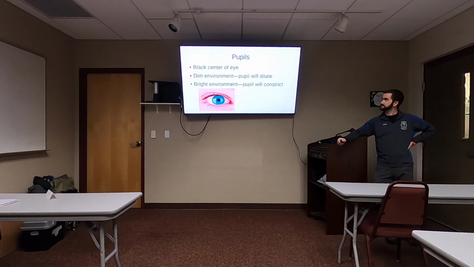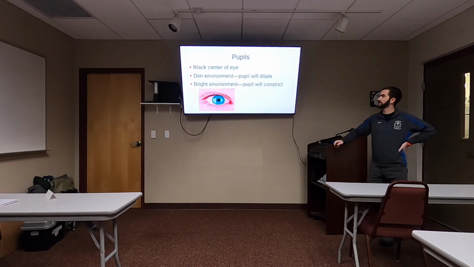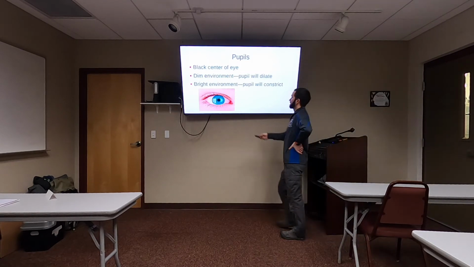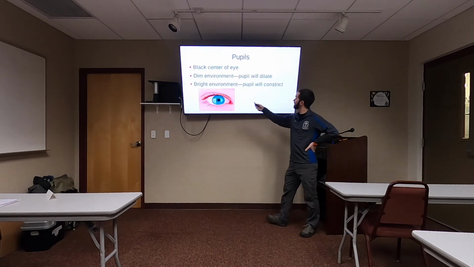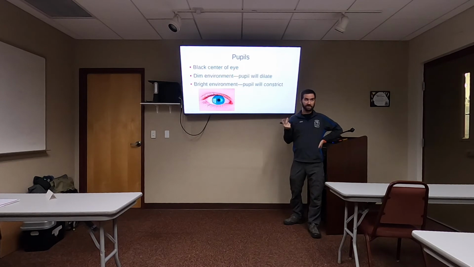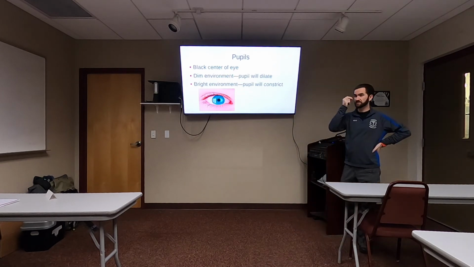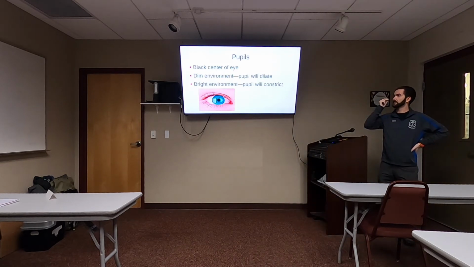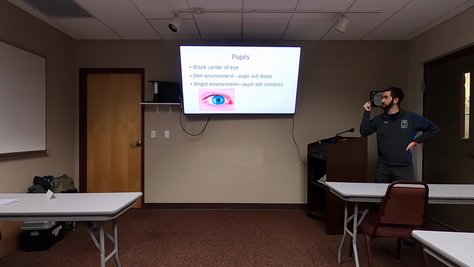Pupils. So we look at their eyes. Your pupil expands and contracts depending on how bright it is. Out in bright sunshine, it's small so that you don't get excessive light back on your retinas.